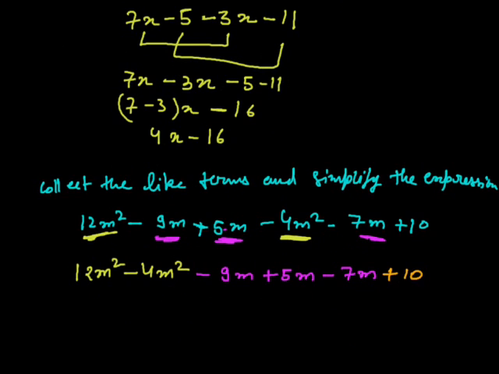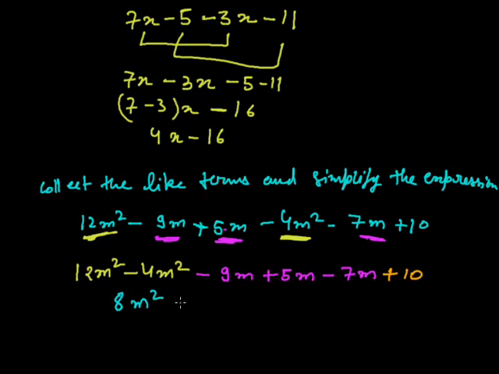Now we can simplify this. 12m square minus 4m square, that is 12 minus 4, is 8m square. Now 9 is of minus sign, 5 is of plus sign and 7 is of minus sign. Therefore 7 and 9 will get added, it will be equal to 16, and we have to subtract 5 from it, since 5 is having plus sign.